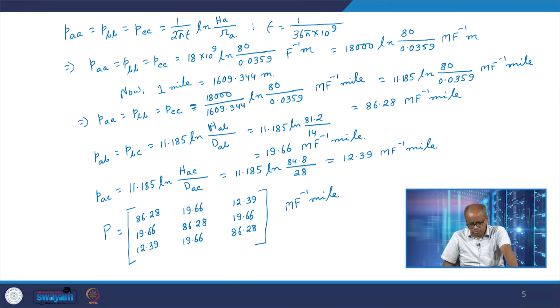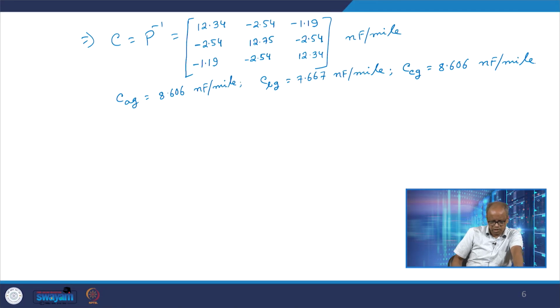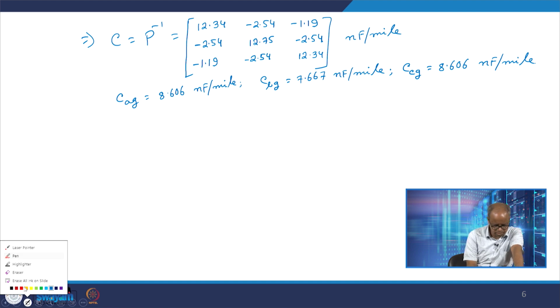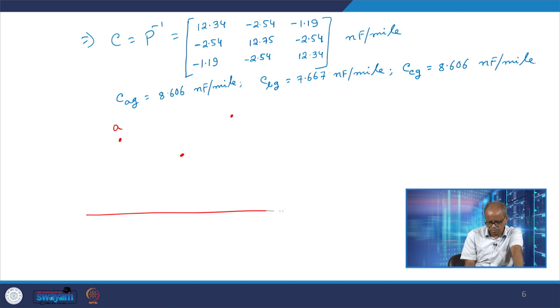Now here we have taken a very simple case where all these conductors are at the same level, but suppose for example I have a case where phase A is here and phase B is here and phase C is here, and I have my ground.